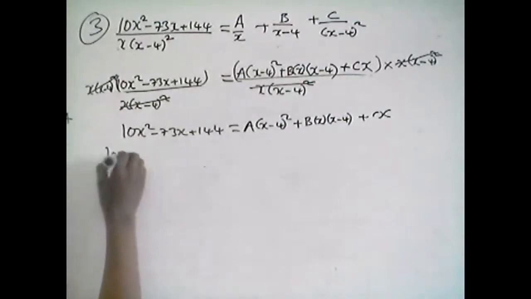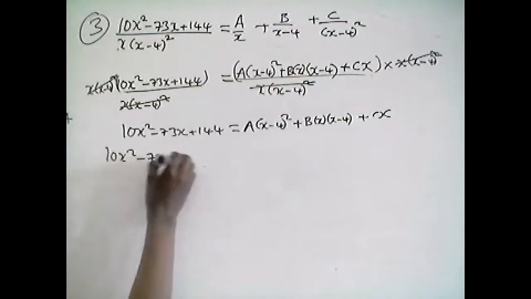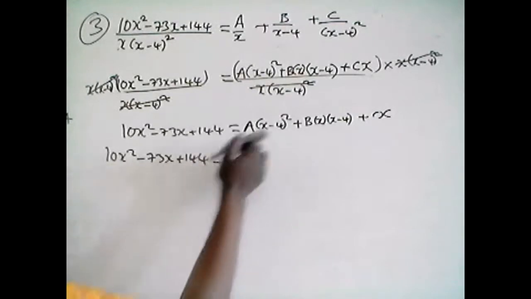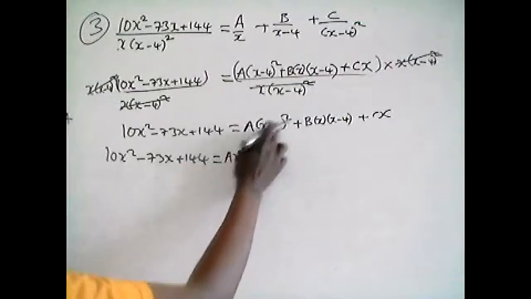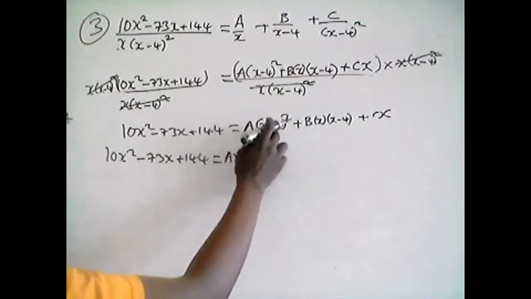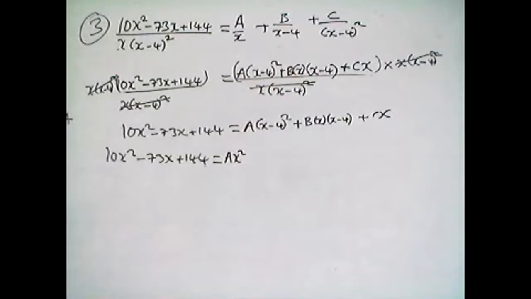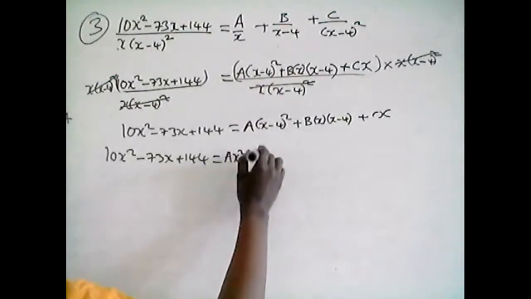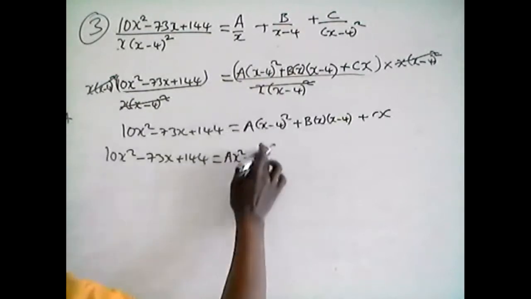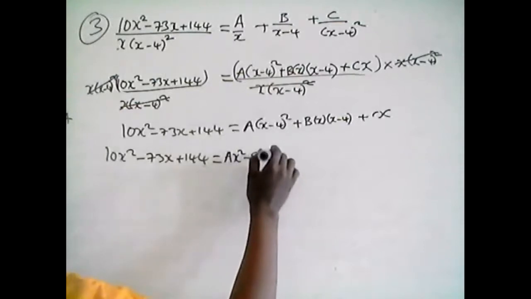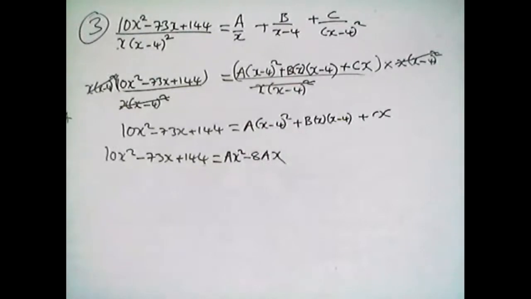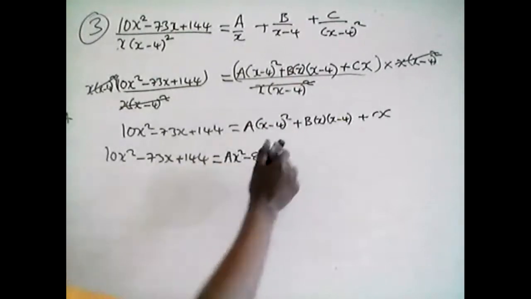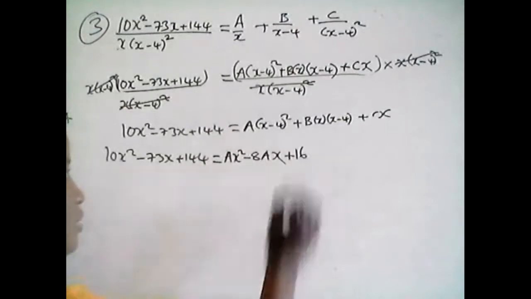So let me just write 10x squared minus 73x plus 144 equals the expansion of this. x squared multiplied by a is ax squared. 2 multiplied by x multiplied by negative 4 is negative 8x, multiplied by a, so it will be negative 8ax. Lastly, negative 4 squared is 16, multiplied by the a which is outside, so it will give us plus 16a.